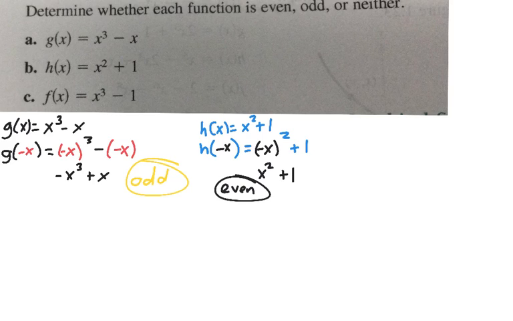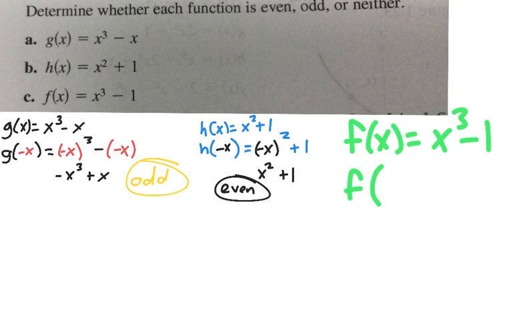Okay, then the last one. I've got f of x equals x cubed minus 1. To determine if this is even or odd, I'm going to plug in negative x. So now I have f of negative x.